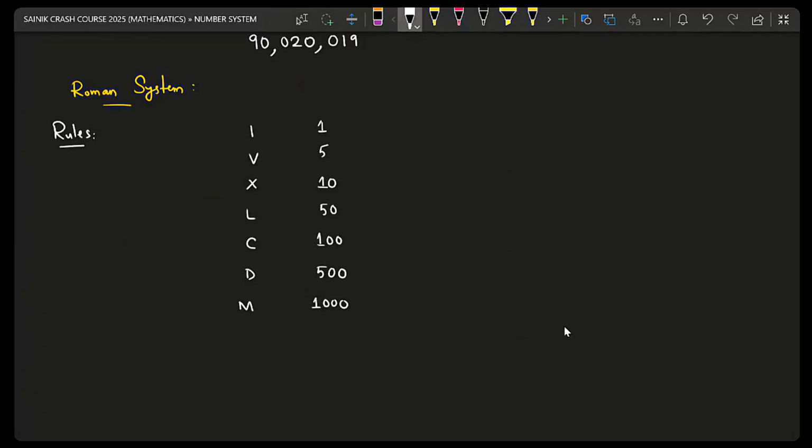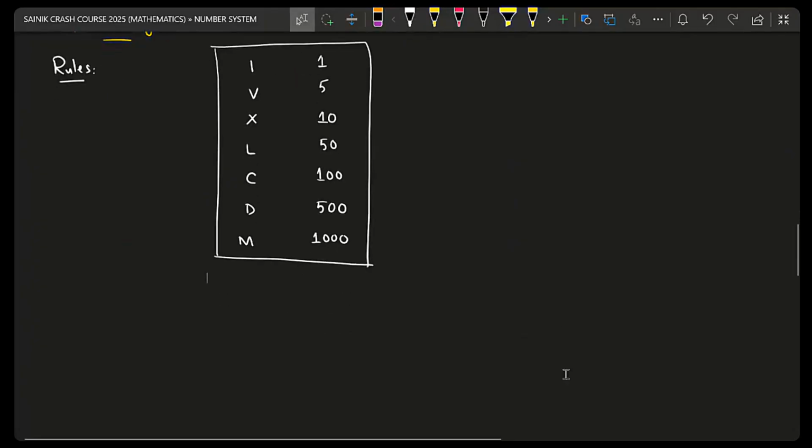So this relation, if you remember: I means 1, V means 5, X means 10, L means 50, C means 100, D means 500, and M means 1000. So now let us see the rules.